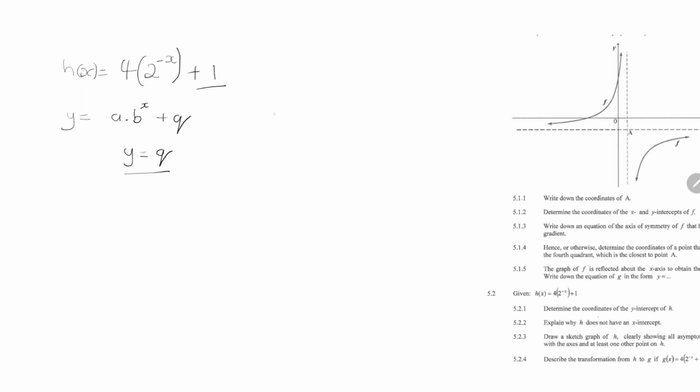So that means the asymptote of this graph is at y equal to a positive 1. So let's say we sketch this graph. And we have our x-axis and our y-axis. And here we have 1, 2, 3, 4, 5, 6.